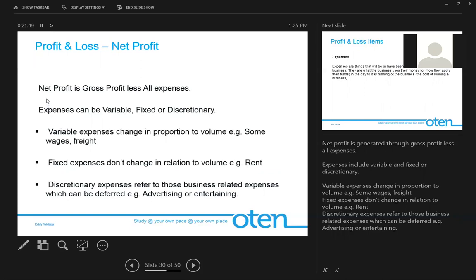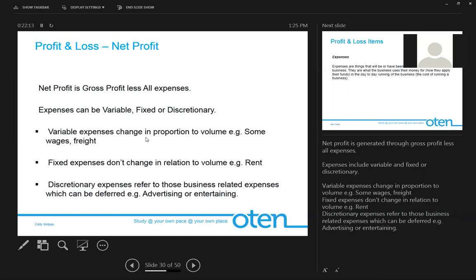Now net profit is actually gross profit less all expenses. That's how we get the net profit. And expenses can be variable, fixed, or discretionary expenses. Let's have a look at that further. Variable expenses change in proportion to volume, for instance wages and freight costs.